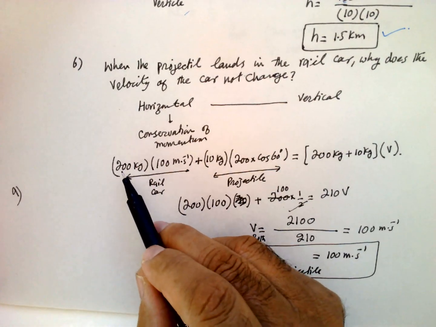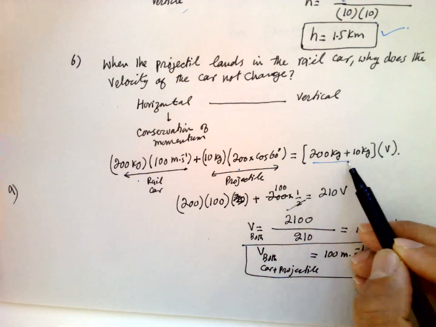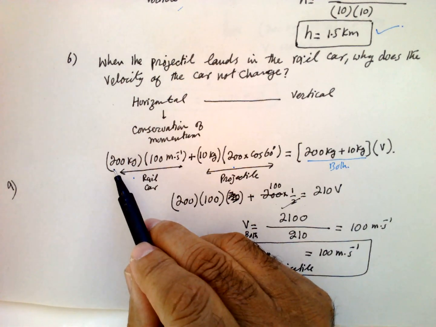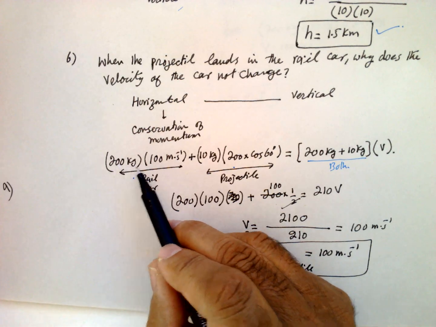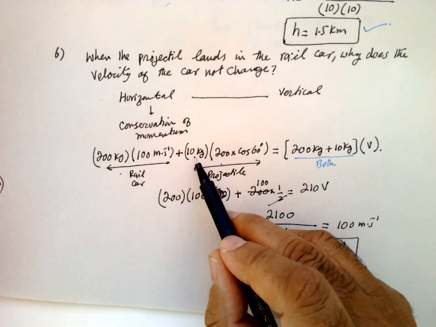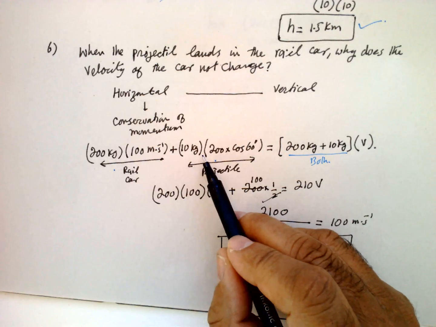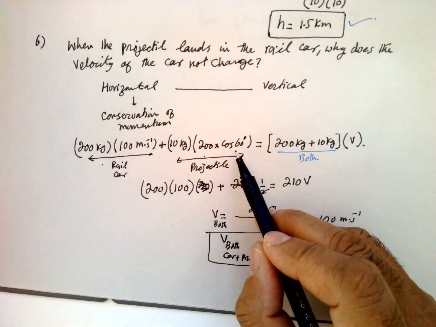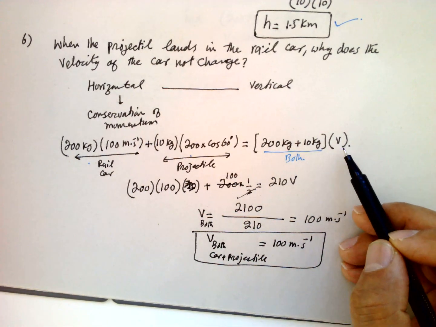The conservation of momentum of the rail plus projectile should be equal before and after. Initial momentum is equal to 200 kilograms of the rail multiplied by 100 meters per second, plus 10 kg of the projectile multiplied by the horizontal speed, 200 cos of 60, which is equal to 200 plus 10 multiplied by v.